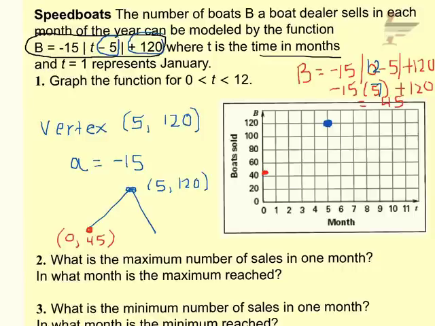And negative 15 times 7 is negative 105, and negative 105 plus 120 is 15. So this point here is going to be (12, 15). So if I go over to the 12th month, I would go up to roughly 15. Now, it's definitely lopsided, and that's okay because the directions say to graph from 0 through 12. So that is definitely good enough.